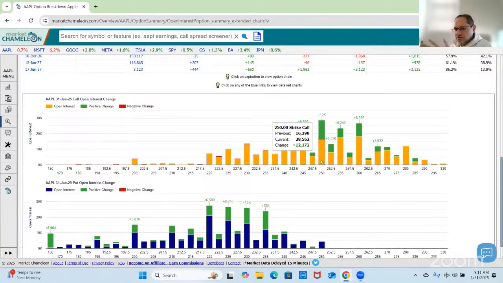But there's a decent amount of open interest there. People are holding positions on those strikes. They only have today, really, they're going to expire today, which could put pressure on those options.